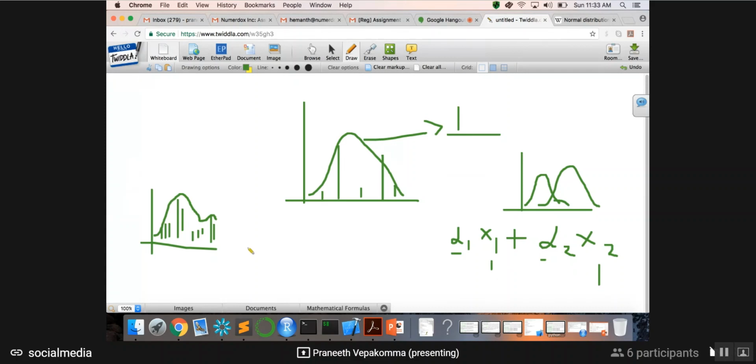Same thing in logistic regression, you're assuming your response is binomially distributed, right? So you're assuming, let's assume y is binomially distributed. So you're assuming y is equal to exponential of x beta, which is x1 beta 1 plus x2 beta 2.